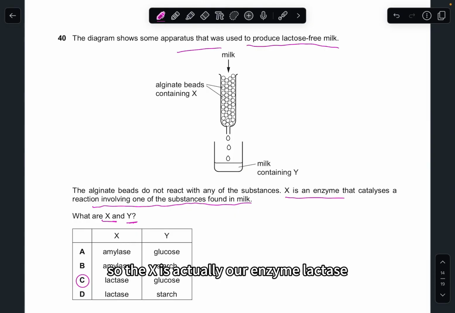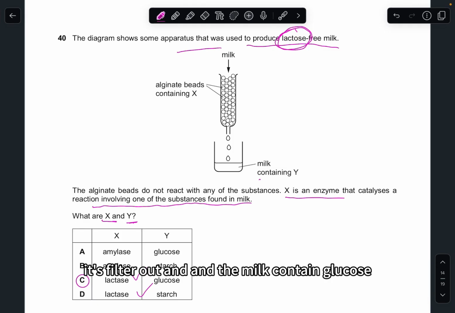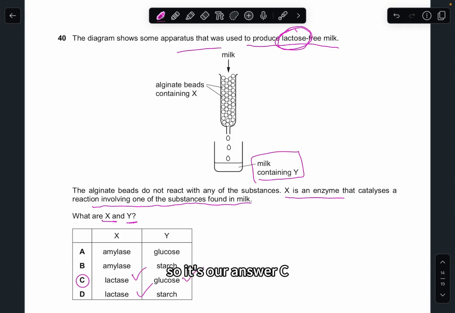So X is actually the enzyme lactase, and the remaining thing is lactose-free milk, because we are talking about lactose, so that is the enzyme lactase, and the remaining thing, because it is filtered out, the milk contains glucose, so our answer is C.